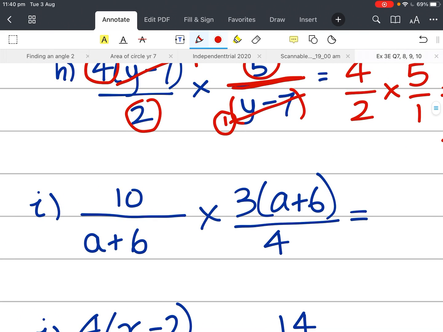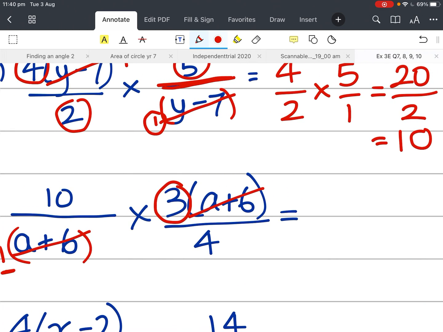Okay, here comes I. All right, with I now, I have an a plus 6 on the bottom. I have an a plus 6 on the top. So I am going to cancel out the a plus 6s. That leaves me with a 1 down here. If this one's got at least a 3, you probably don't need to write the 1 in. But if there's nothing down the bottom here, you might just want to write a 1 in down there.